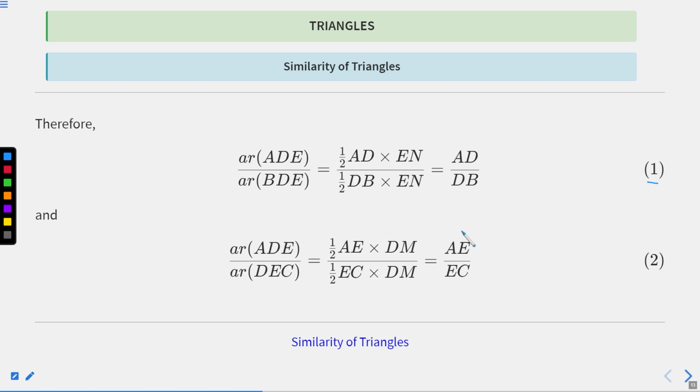Now the ratio of ar(ADE) and ar(DEC) is half into AE into DM divided by half into EC into DM. Cancelling half and DM, we get AE over EC, naming this equation number 2.